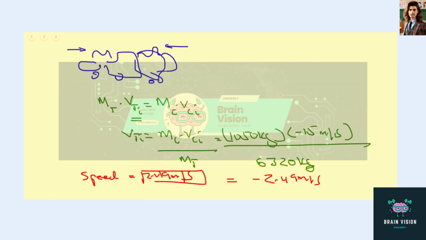That's the speed of the truck if they have to stop when they collide. In terms of velocity, the truck will be moving that way before they stop. And that just comes from the arrangement of the problem.